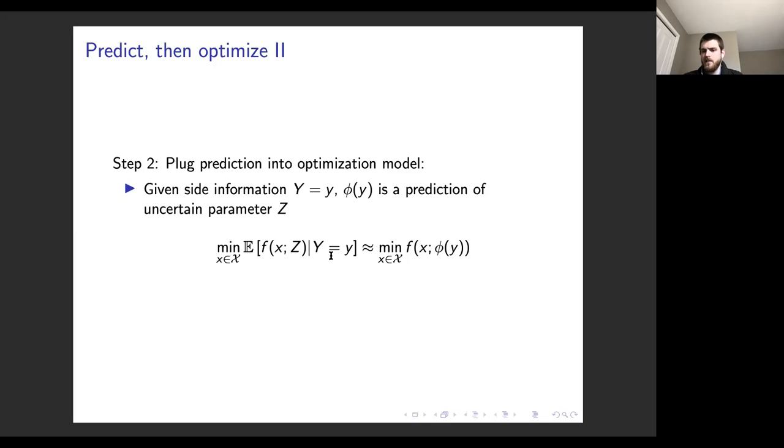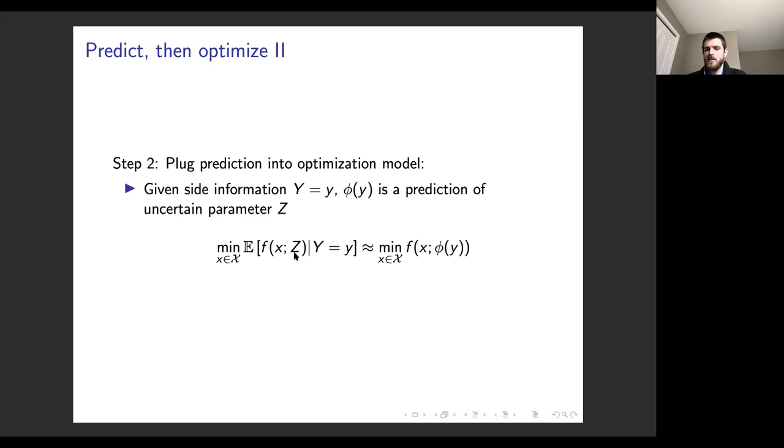Hi, Alex. Sorry, I joined late. I have a question regarding the expectation. The expectation here is over the uncertain parameter. We have the side information and we have the uncertain parameter here.